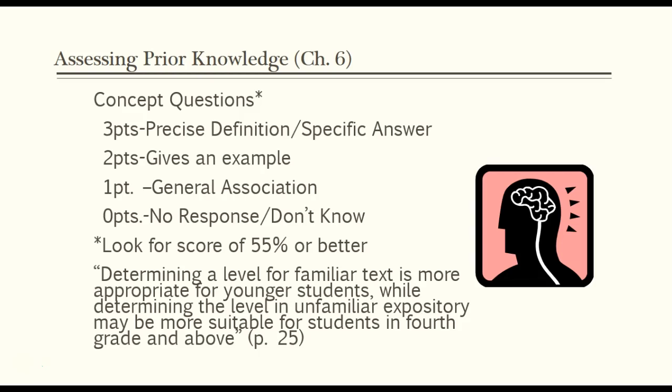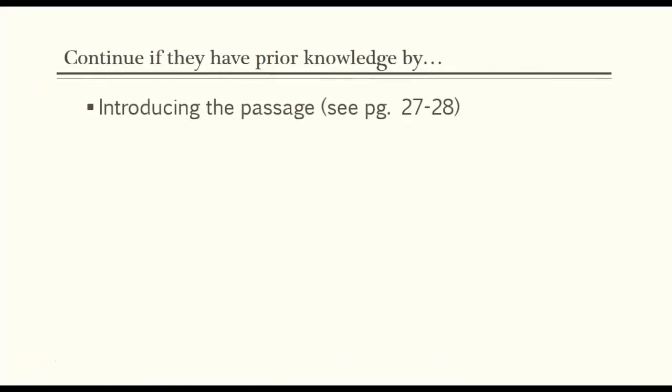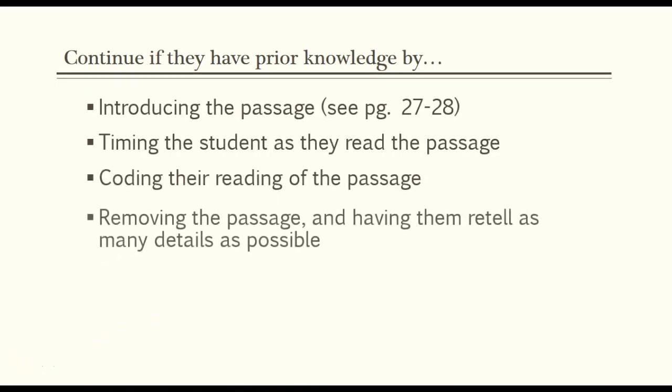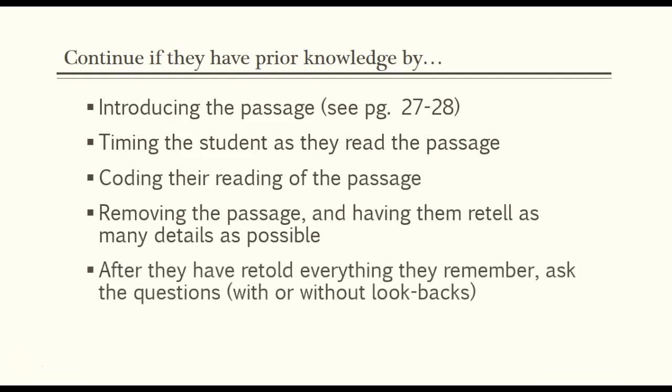If I don't have any knowledge of this concept, it's going to be hard for me to retrieve some of the vocabulary terms that are going to be in there and just have a general level of comprehension on that passage. All right, so if they have prior knowledge, continue by introducing the passage, timing the student as they read, coding their reading of the passage, removing the passage, and having them retell as many details as possible.